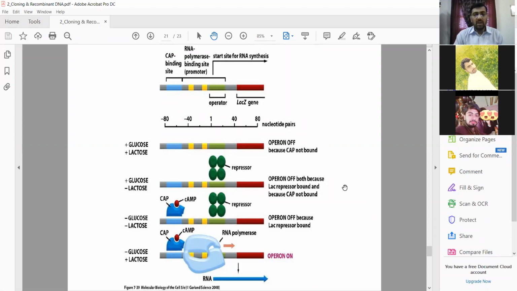Keep it in mind, whenever lactose is available in the medium, there is another isomer or related compound called allolactose also available in the medium. Allolactose has an affinity for this repressor, and it will attach to this repressor protein and remove it from the operator region.